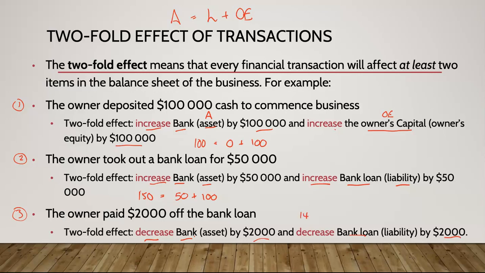So I now have $148,000 of cash in the bank because I've paid off 2. But this has resulted in my liabilities going down, so my business is still worth 100. Each time I've done at least two entries, and in fact two in each time, and it has resulted in my accounting equation balancing.